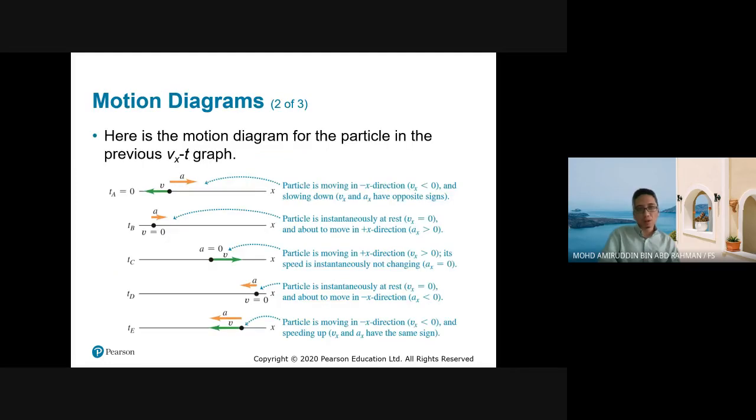Because for the acceleration motion diagram, you need to always show in terms of x, which is the point, you have the V and also the A. But for the velocity motion diagram, you only have V. Okay, hope that's clear.